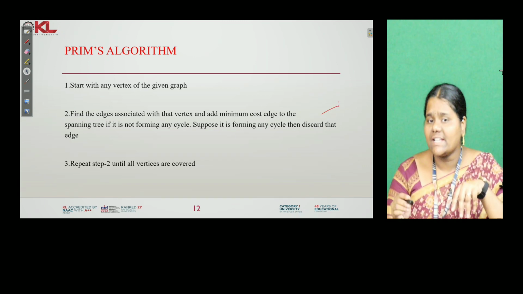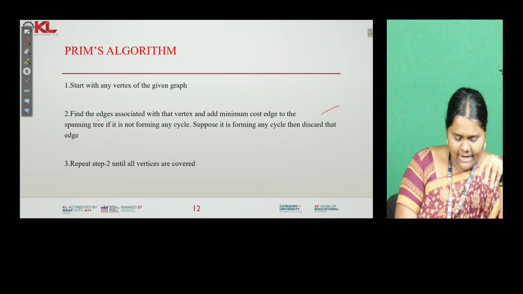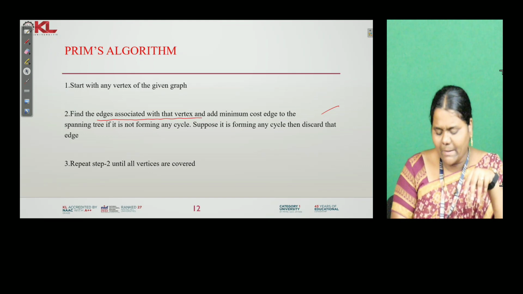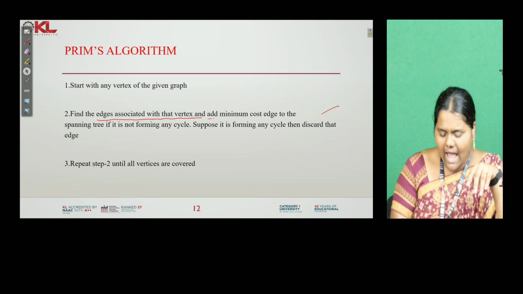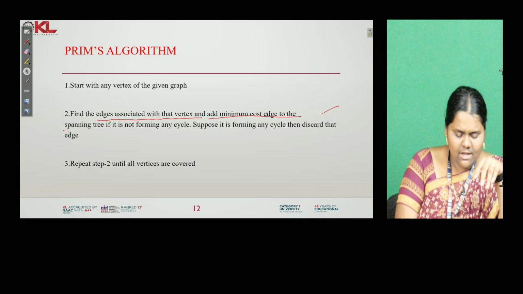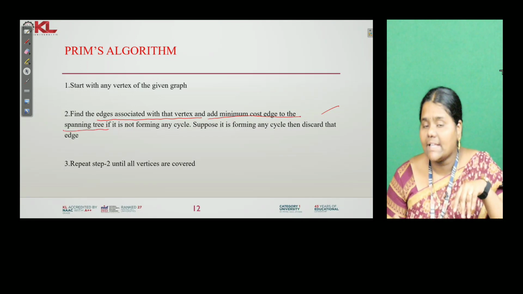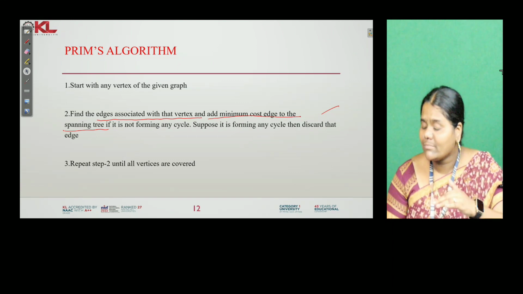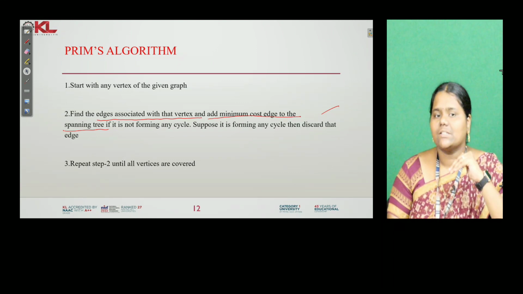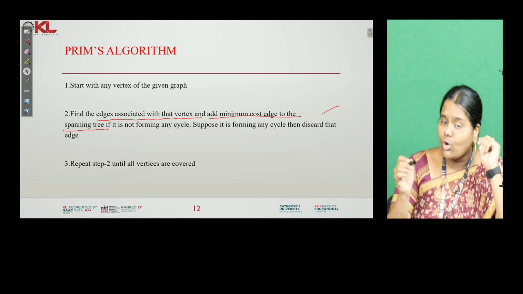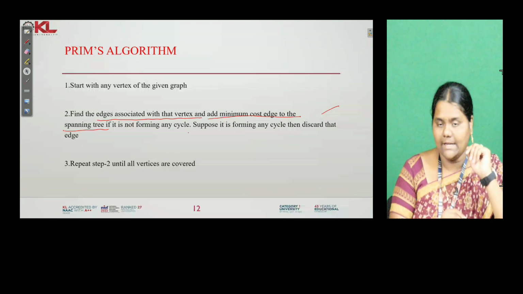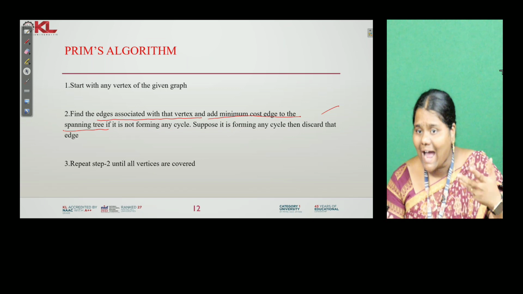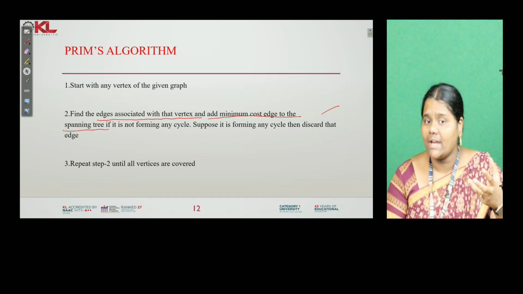Find the edges associated with that particular vertex and add the minimum cost edge to the spanning tree.